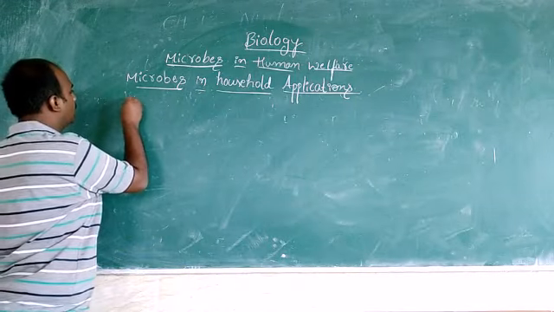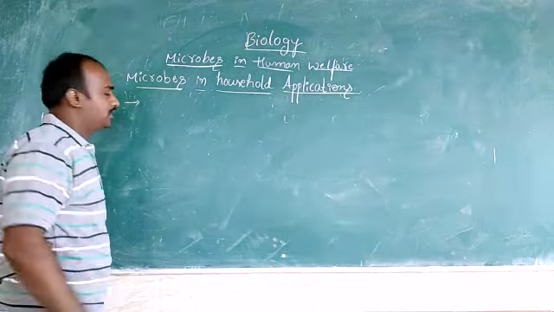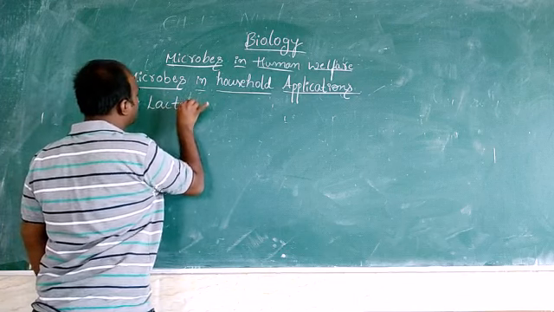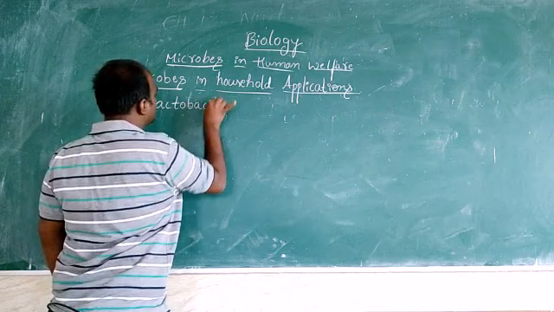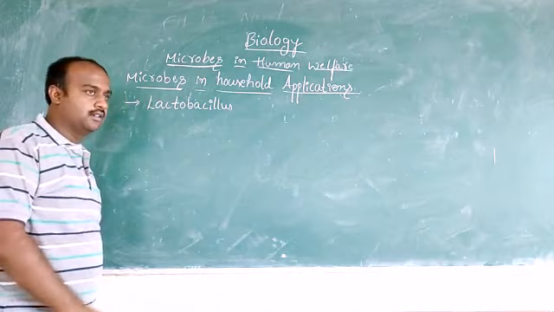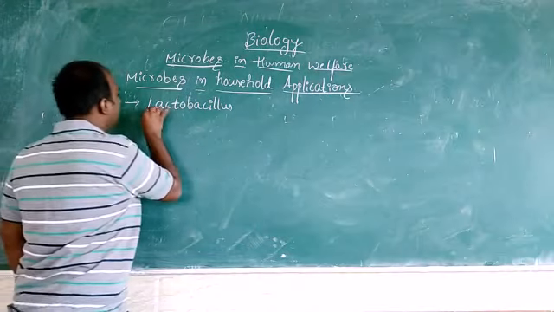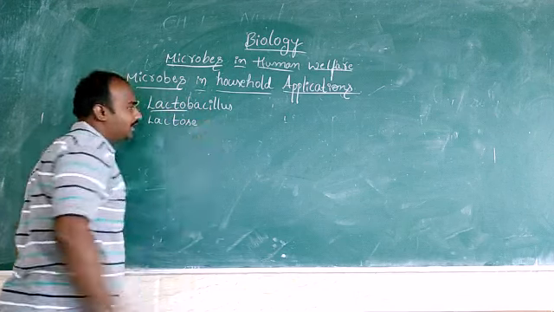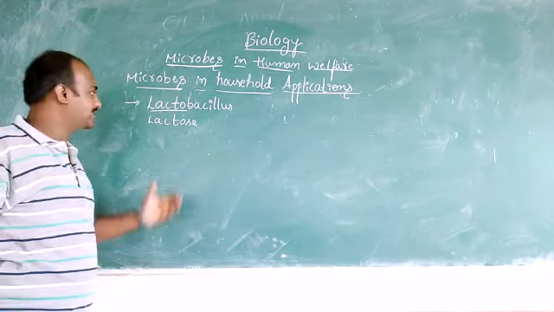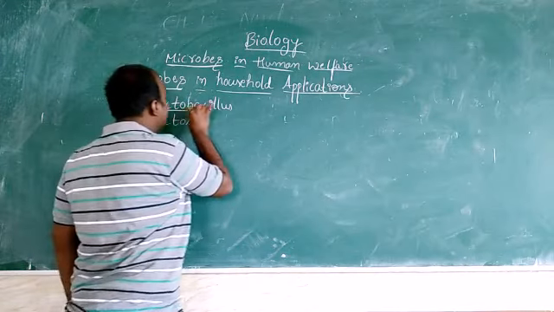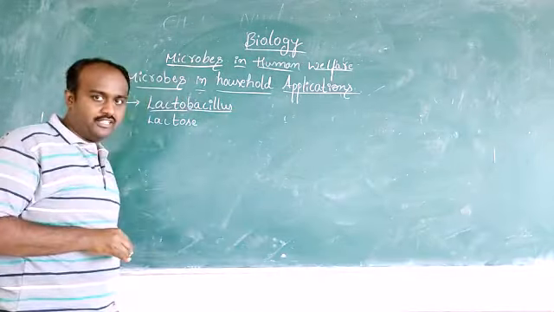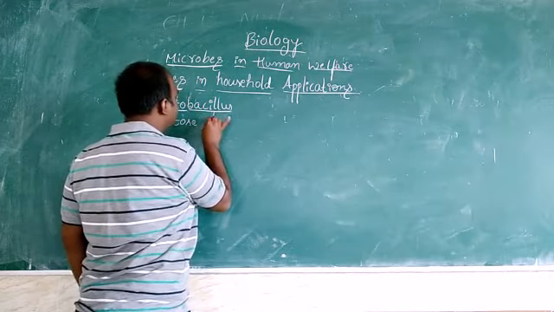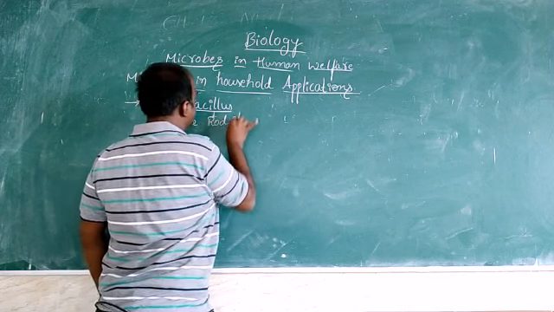The first we are going to study is the microbe lactobacillus. As the name indicates, lacto means lactose. Lactose is a milk sugar, it is a carbohydrate. Bacillus means a bacteria which is rod-shaped in structure.